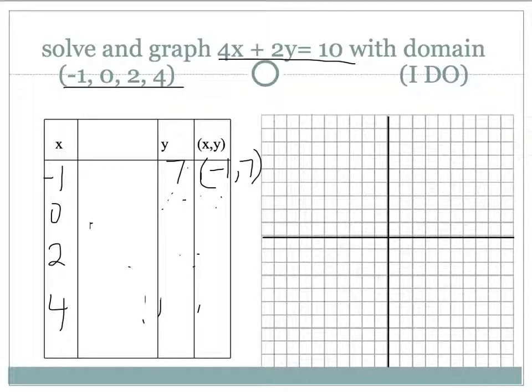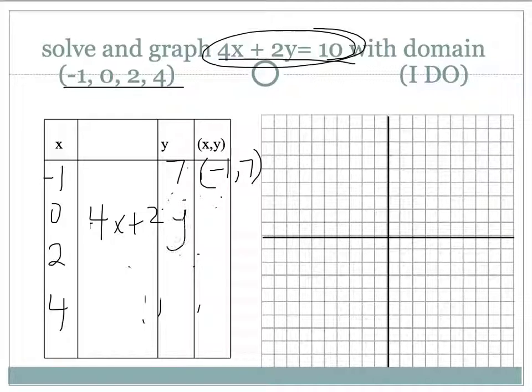Okay, so you can do it this way. Another way that you can do it is to rewrite this in y equals mx plus b form. I would subtract 4x, and then I have 2y is equal to negative 4x plus 10.